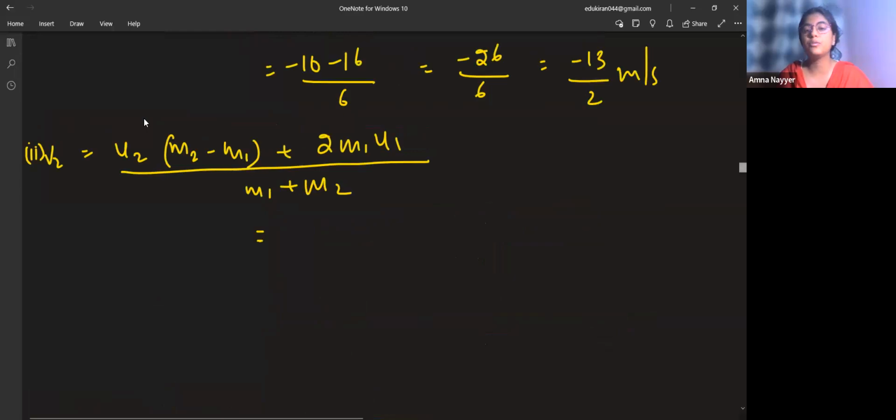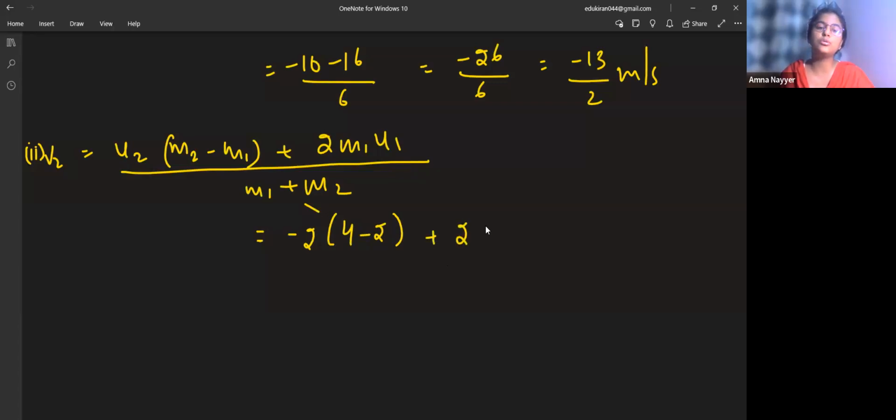So this becomes U2 (M2 minus M1) plus 2 M1 U1. Now we'll take U2 as minus 2. What is M2? 4. So 4 minus 2, plus 2 into 2, U1 is 5. And what is M1 plus M2? 4 plus 2.